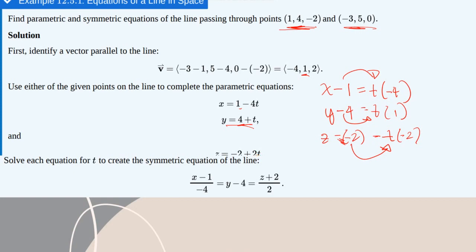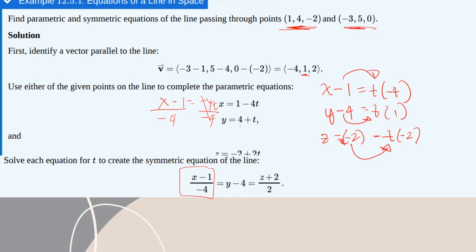Now, for the symmetric equations, we have, gikan na dire class, we have x, ibalik lang na siya diha, minus 1, tapos equals negative 4 na dayon. Over negative 4, you will have t for x is equal to negative, x minus 1 over negative 4.